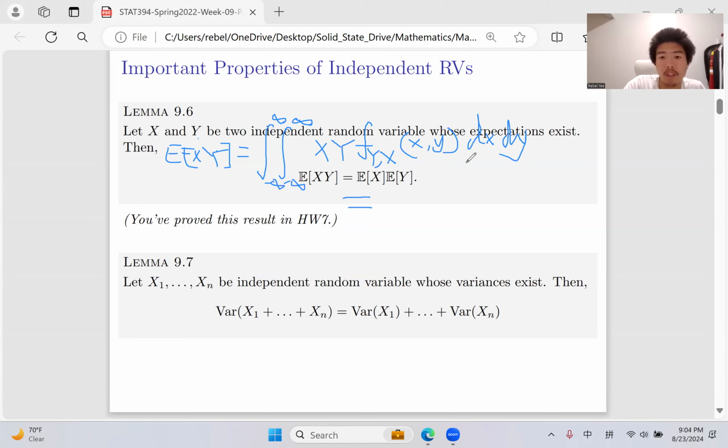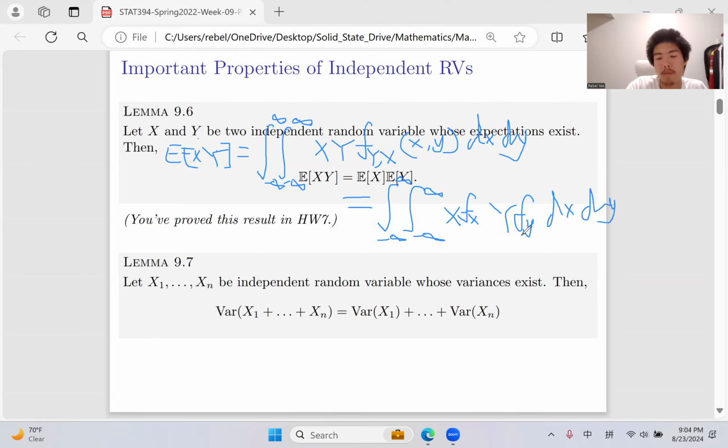And then because they are independent, we can separate the joint distribution into the product of their marginal densities. So it becomes x times the marginal density of X, and then y times the marginal density of Y, with dx dy.